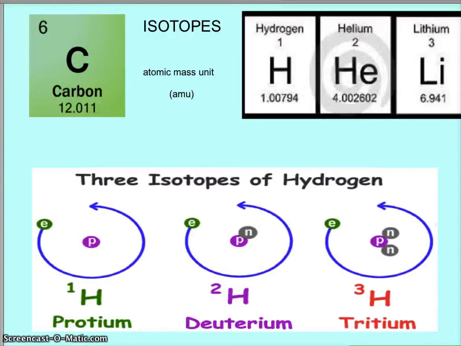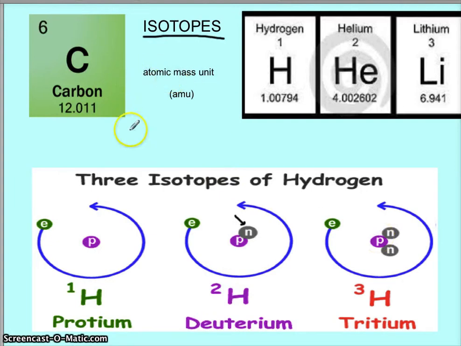We have something called an isotope. Now, an isotope doesn't have to do with the electrons. An isotope has to do with the neutrons. If you have an isotope, you have a different number of neutrons than normal.